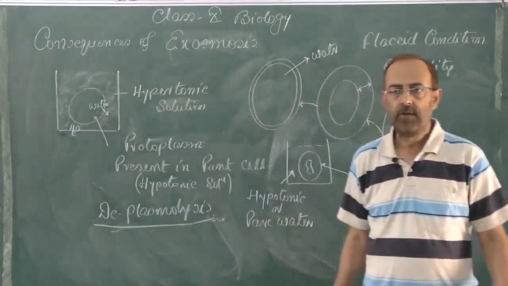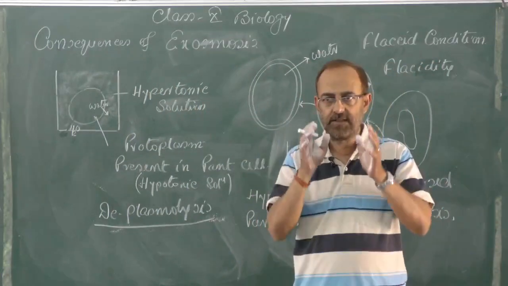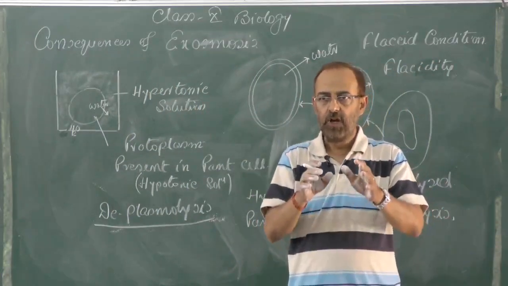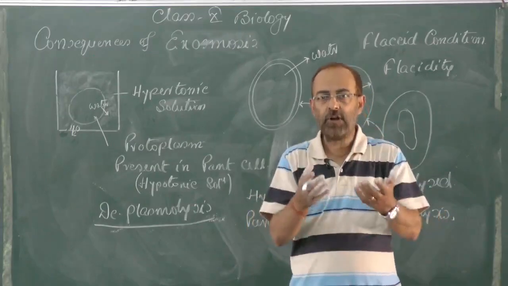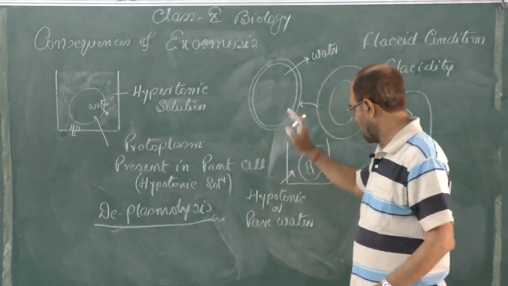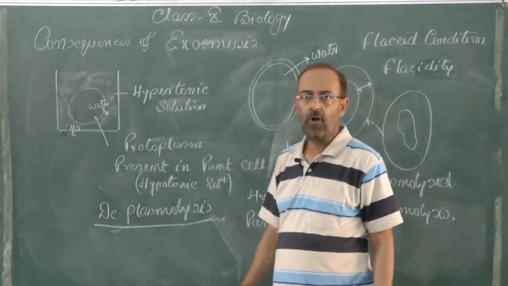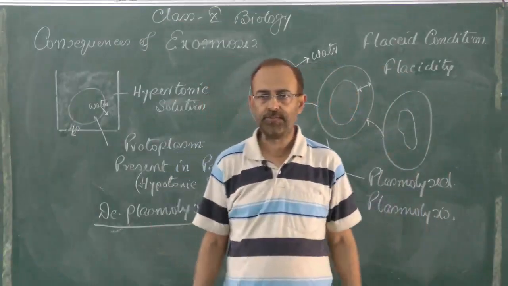All right. So, deplasmolysis is the process for reverting a plasmolyzed cell back into a normal cell by placing it in a hypotonic solution or pure water.